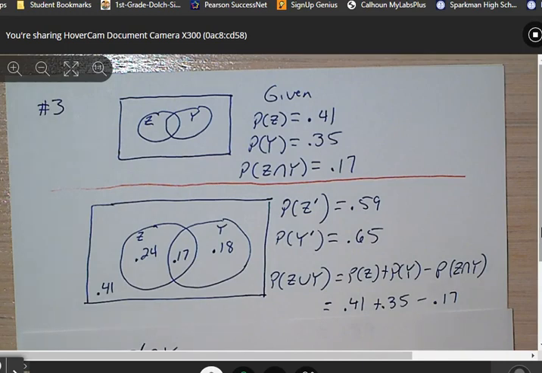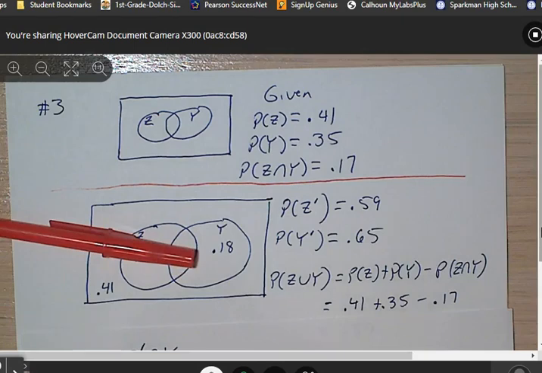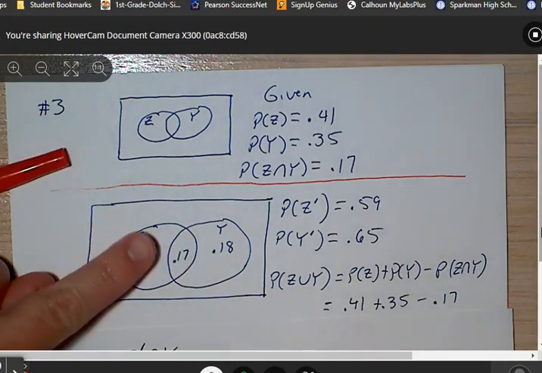Okay, so again, if we think about what Z prime is, Z prime is everything that's out here, which is 0.41 plus 0.18. And then we're going to intersect that with y, which is just 0.17 and 0.18.